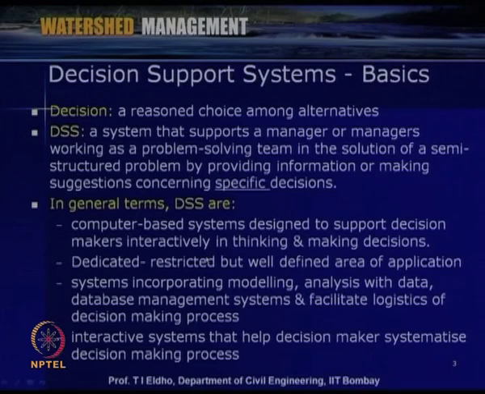The words interactively, in thinking and making decisions are very important words in DSS. The decision maker can interact with the various scenarios, see the outcome of that particular scenario, and then accordingly take the decision.